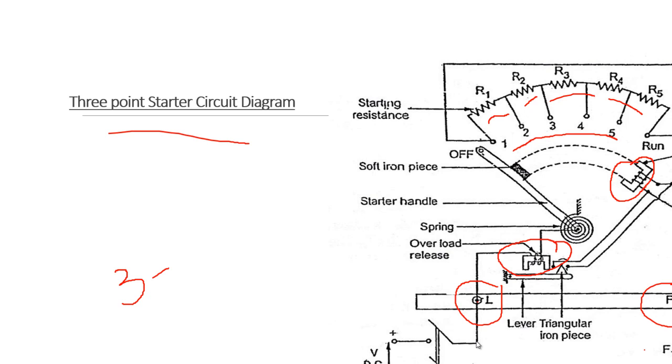That is connected to the handle, which is going to contact the studs. From point 1, it is connected here to the no volt coil, and the other end of the no volt coil is connected to the field winding F.